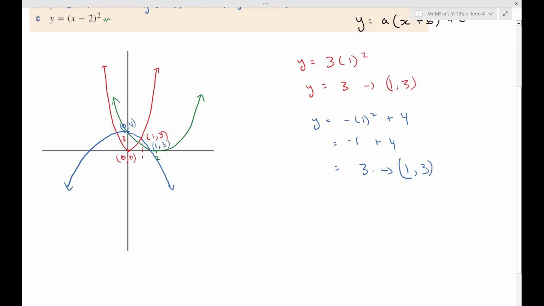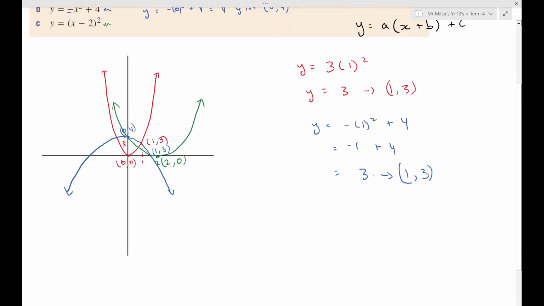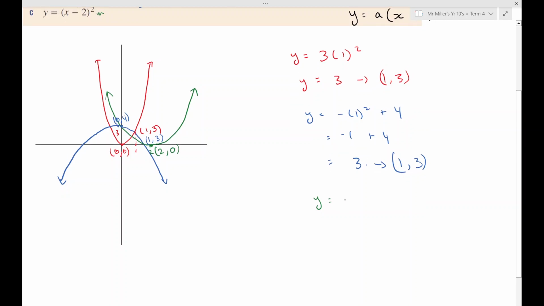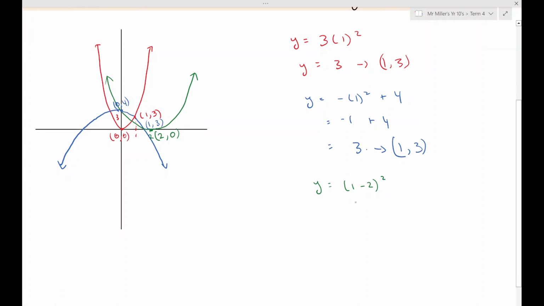By the way, the turning point here is just going to be (2, 0). Just to add a little bit more information, let's see what y is when x is 1. 1 take 2 is -1, squared is equal to +1. So we have the coordinate point (1, 1).